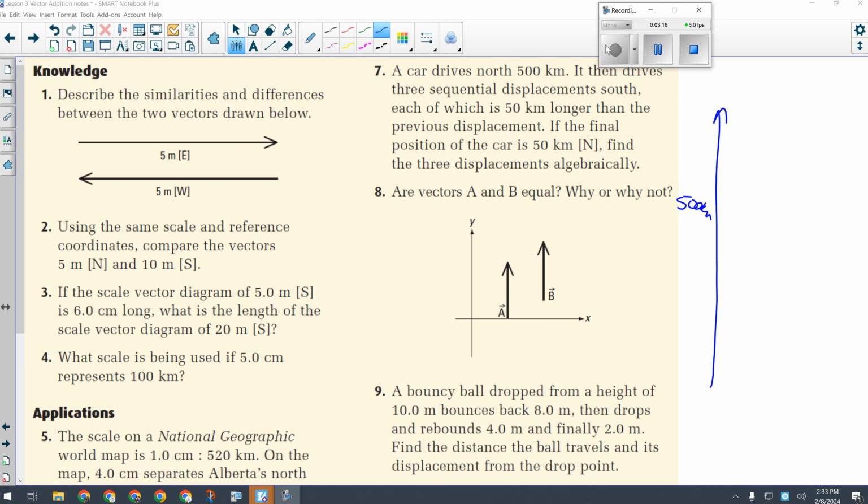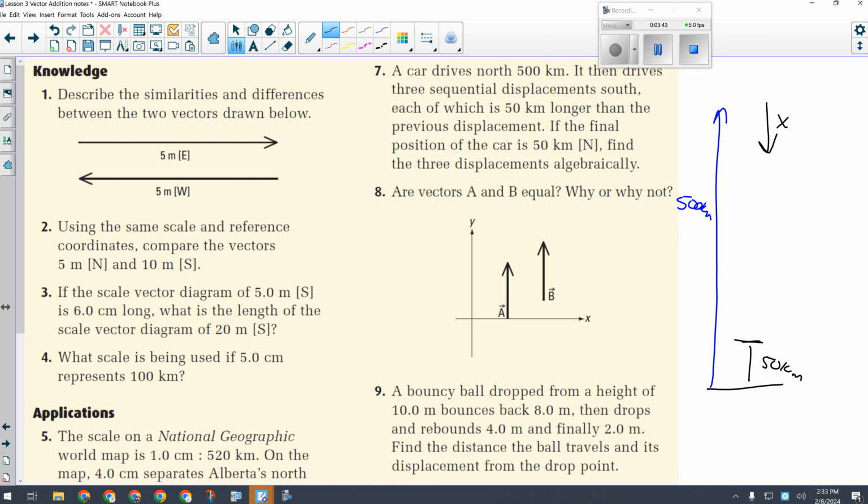So they go north 500 kilometers, and then they come back in 3 sequential displacements until they get to this point here, 50 kilometers north of where they started. Each vector in that trip is 50 kilometers longer than the one before. So I'm going to have this one, which is x.